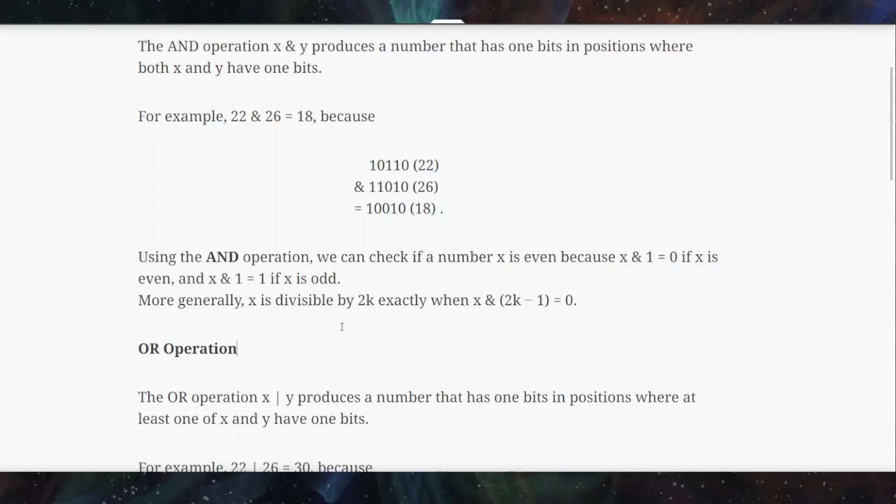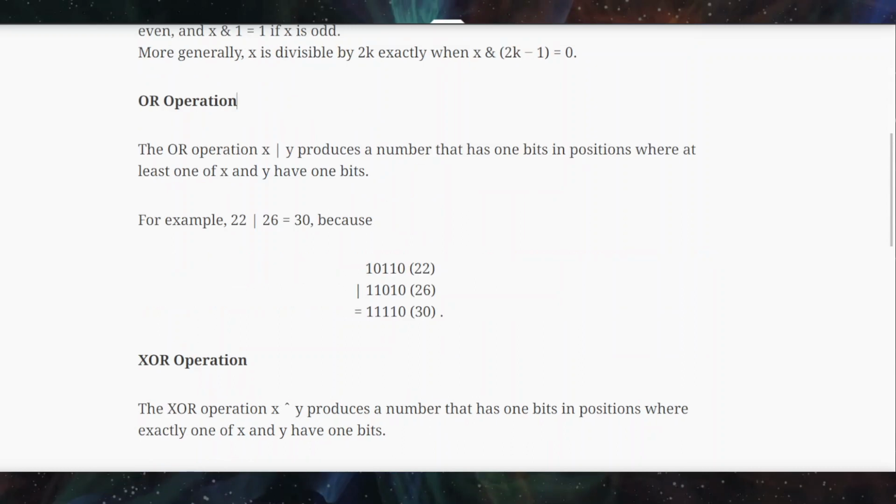The next operation is the OR operation. The OR operation x or y, the straight line above the Enter key is the OR operator, produces a number that has 1 bits in positions where at least one of x and y has a 1 bit.